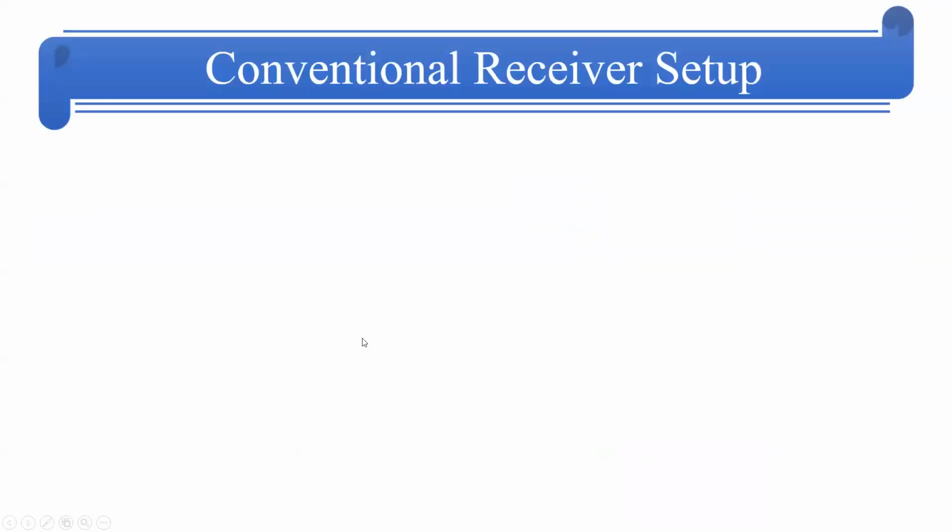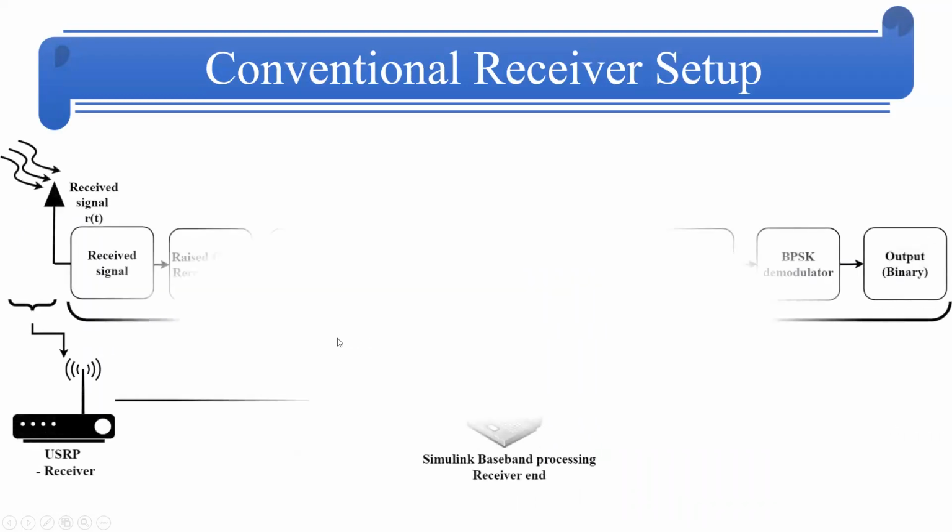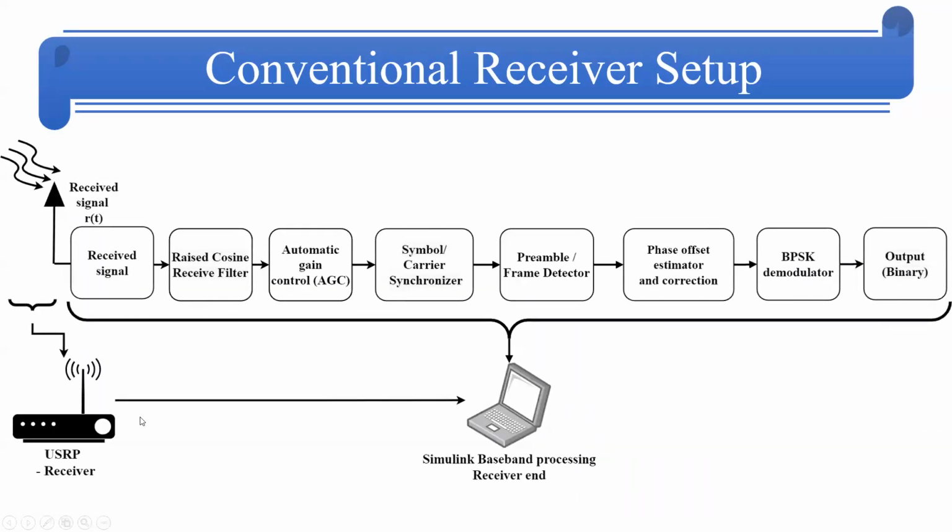Let's see how the conventional receiver setup looks. The first block is again the USRP. It converts the RF signal into the complex baseband signal, and this complex baseband signal is then processed by Simulink or any other suitable software.